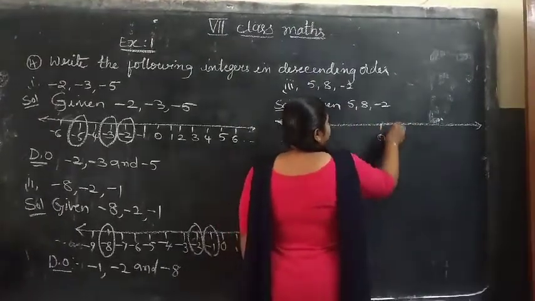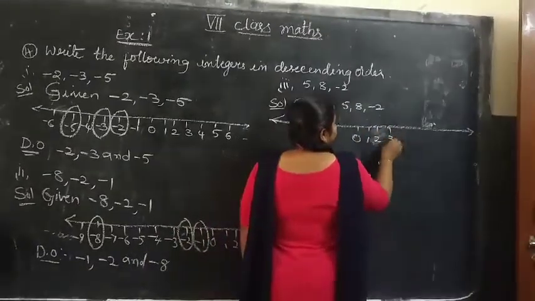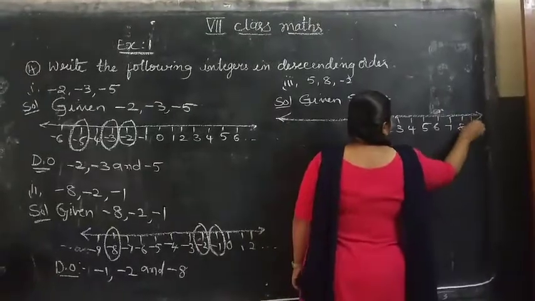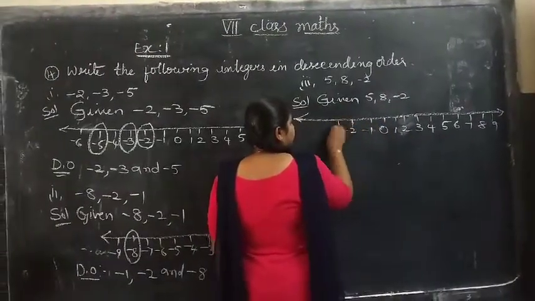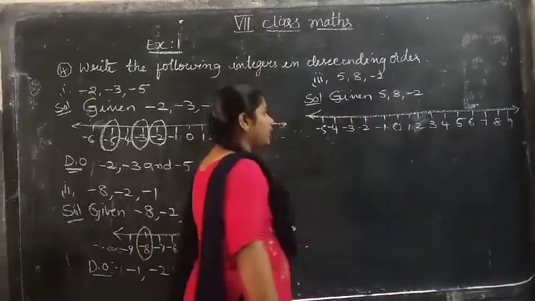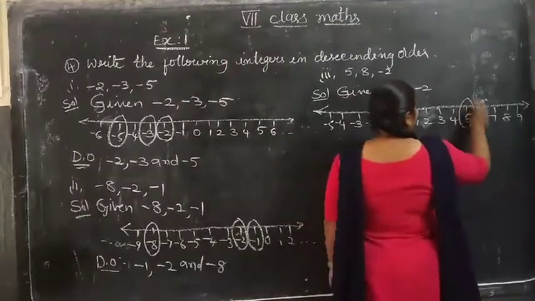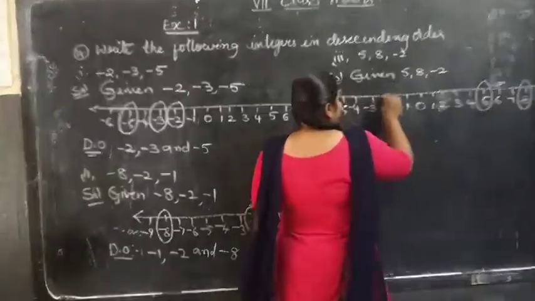Positive integers, negative integers. So what are the given integers, first round off? That is 5, next is 8 and last one is -2.